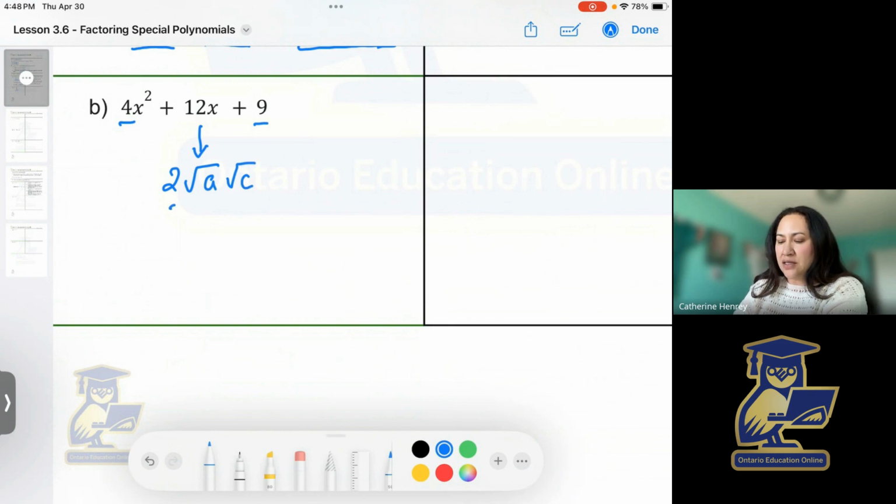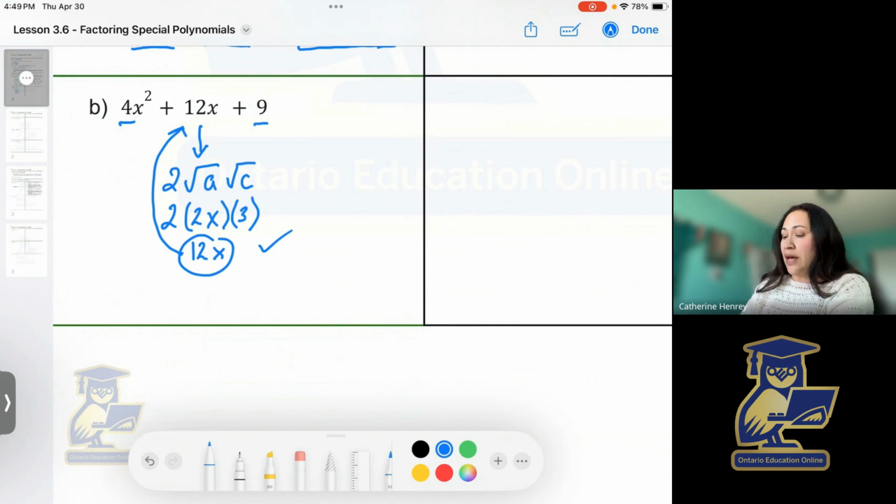And in this case, this is 2 times square root of 4 is 2, square root of x squared is x, and the square root of 9 is 3. So if we multiply this out, we'll have 4x times 3, we get 12x. So again, this checks out because this matches the middle term.